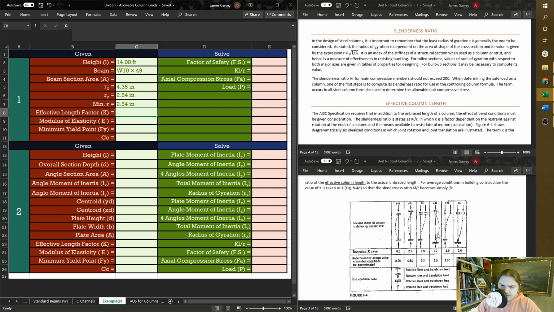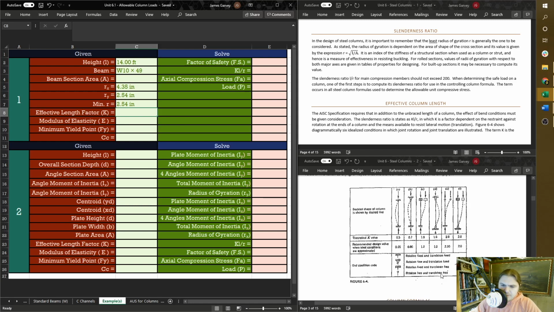Yeah, this is almost impossible to read. No, it's this one. This is the one we're using. It's a rotation fixed and translation fixed, but both the C and D do the same thing. So all the problems are going to be 1, but just know that the K will be determined on how the beam is being supported.